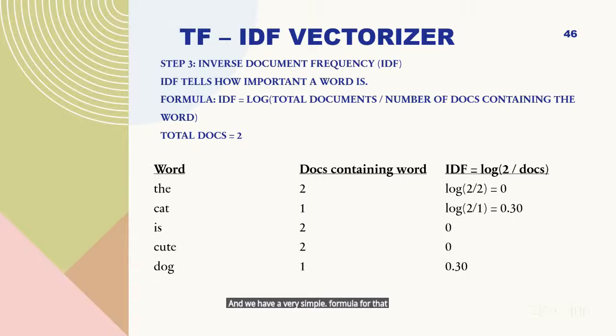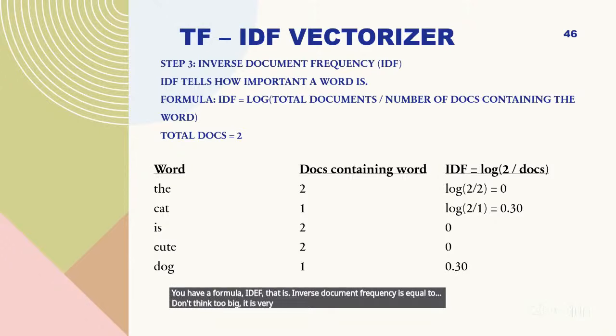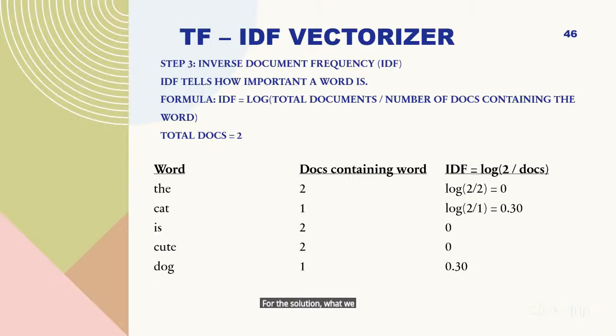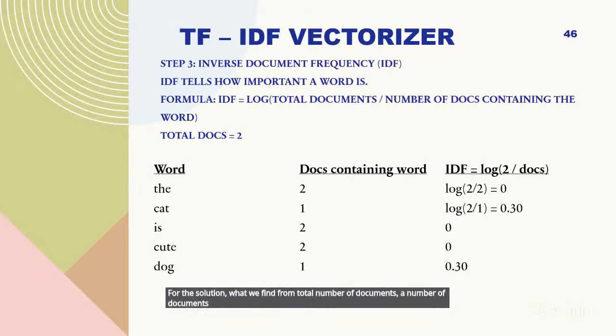You can see the third line, you have a formula: IDF, that is inverse document frequency, is equal to, don't think too big, it is very small. You are going to find out a log value of the total number of documents divided by the number of documents containing the word. Very, very simple. I'll show you with an example.